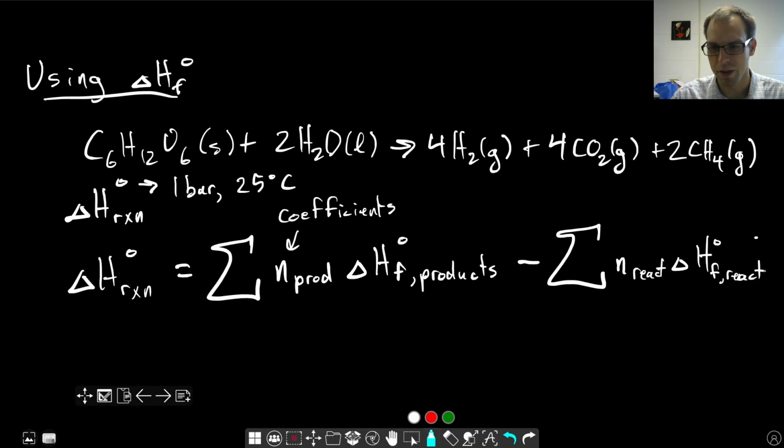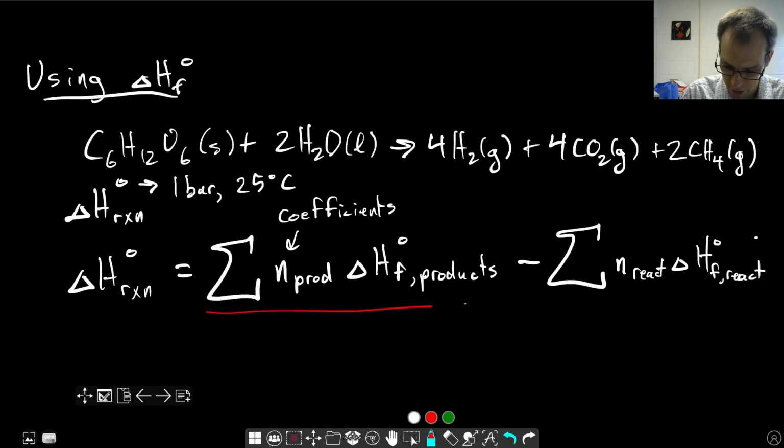Okay, so let's just break down this equation by doing an example, I think is the simplest way. We add up all the standard enthalpies of formation of the products multiplied by their stoichiometric coefficients, and then subtract the standard enthalpies of the reactants multiplied by their stoichiometric coefficients. So let's do that with this example here.